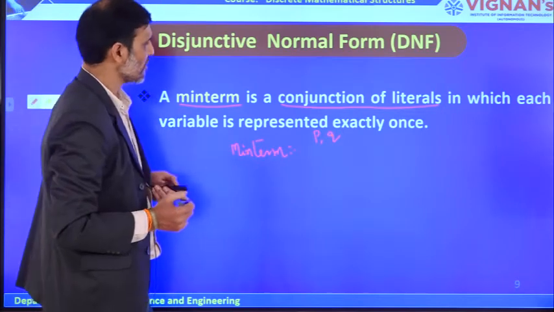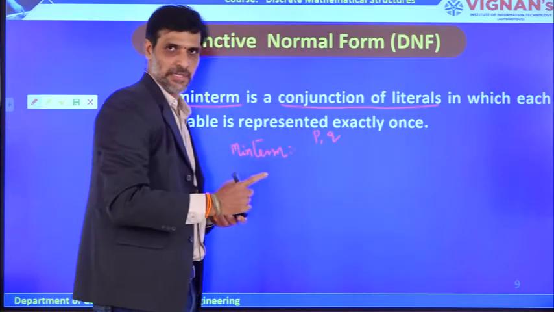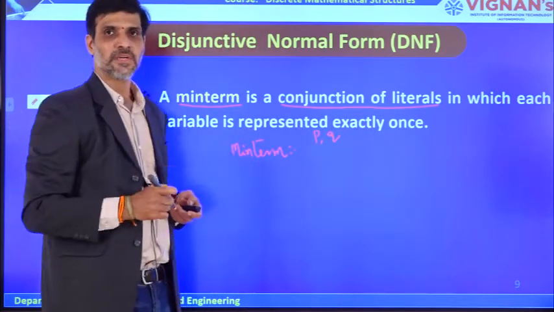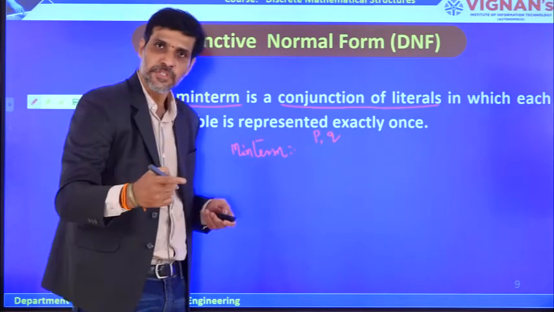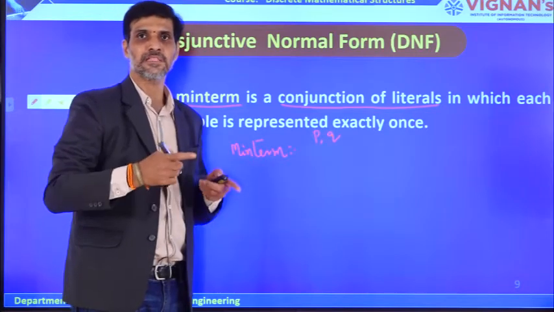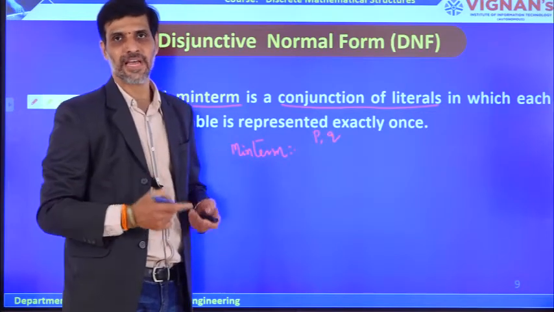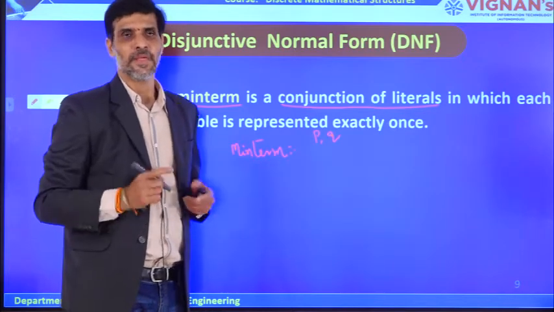The min term is a conjunction of literals. We already discussed the definition of a literal. A literal is a proposition or negation of proposition. A literal is an atom or negation of an atom. An atom is a propositional variable.